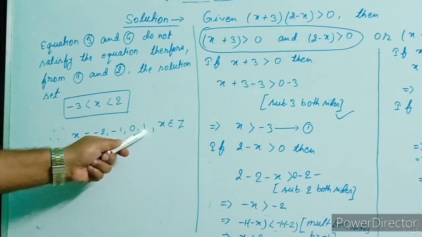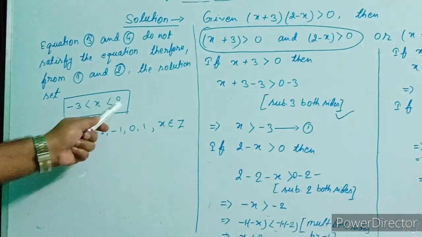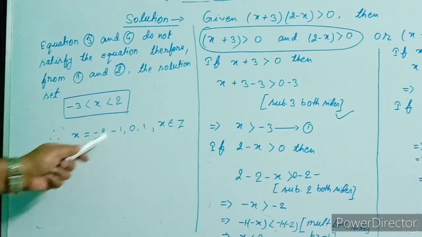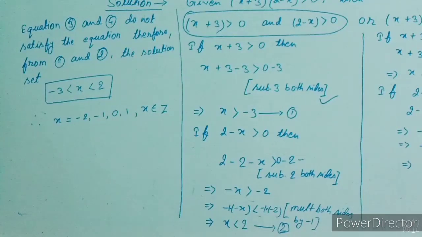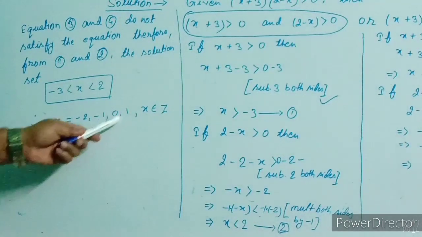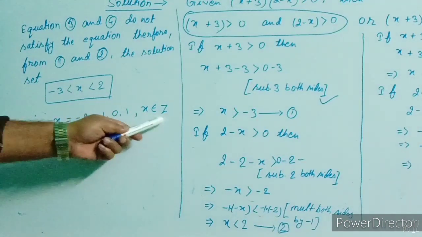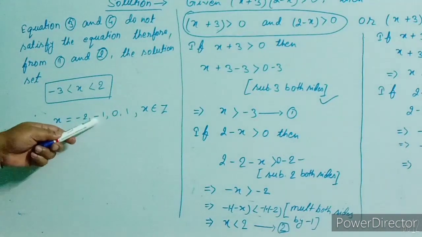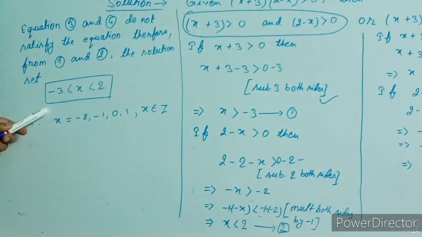Till 1 we will get the value, because x is smaller than 2. So the values of x are minus 2, minus 1, 0, 1, and x belongs to Z, means all these are integers. These satisfy this solution set.